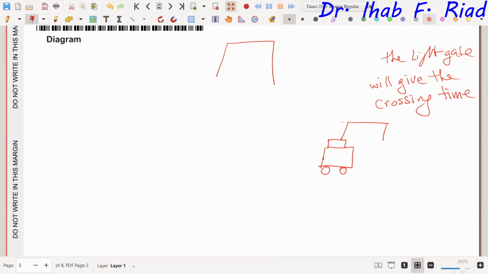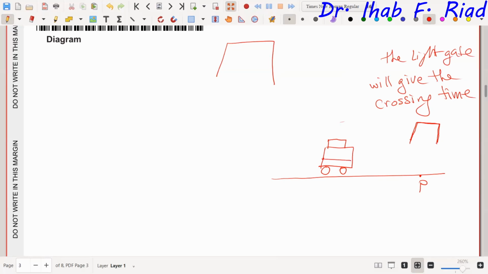Then how do we set the light gate? It is set like this at this point, at point B. What do we allow it to cross? We allow, for example, the length of the trolley to cross.